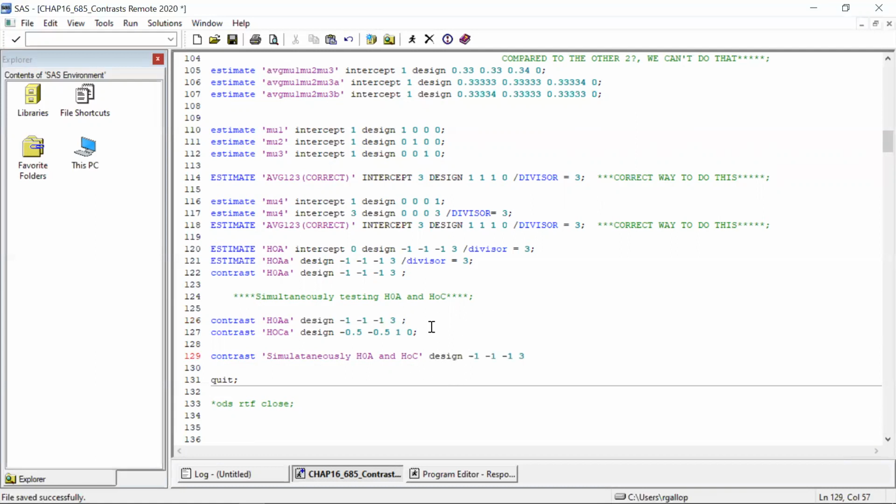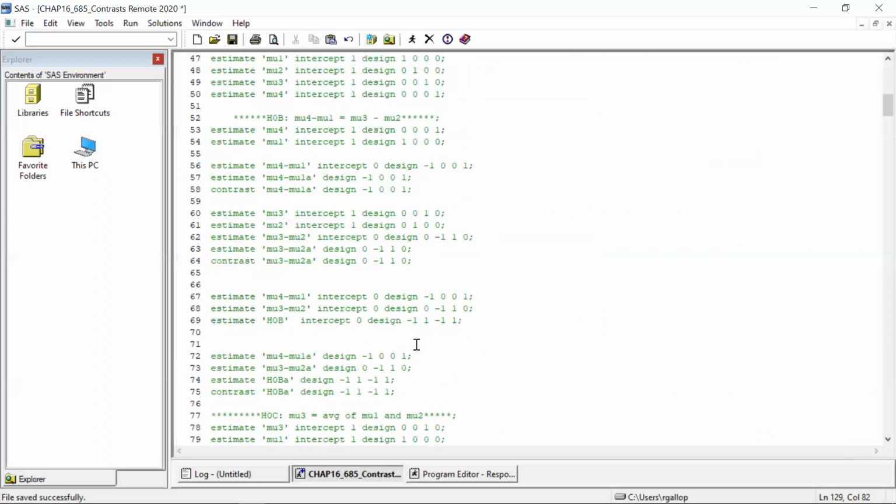So we want to test this and that. For us to do this in SAS, the "and" is represented by a comma. Then copy the second contrast and add that on. So this is simultaneously testing the average of the first 3 compared to 4 and the average of the first 2 compared to 3.